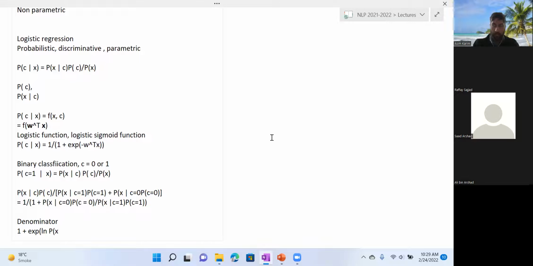So you get x given c equals 0, probability of c equals 0 divided by probability of x given c equal 1, probability of c equal 1. ठीक है? So one more step and then we are done.